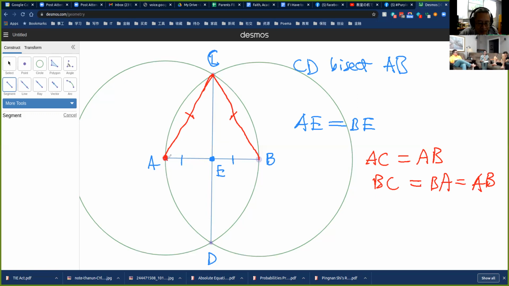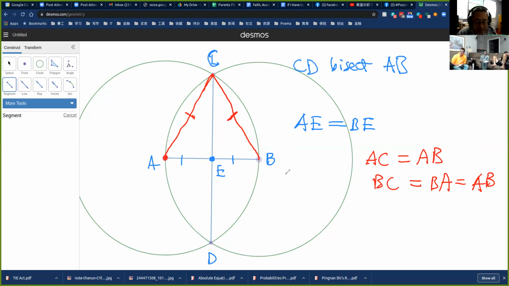Okay. Now we can also draw this one here and here. I don't think we need that. Okay, so we know this and that are congruent.